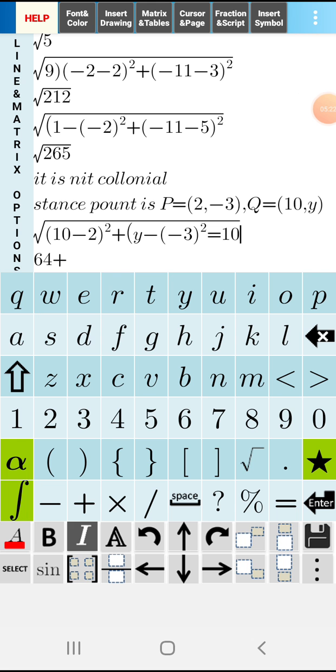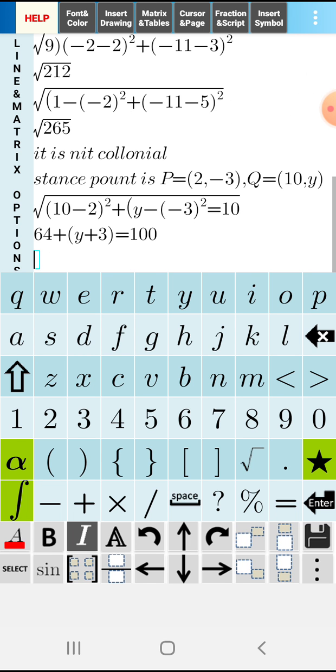because they have given the distance as 10 here. So we get 100 on the right side. When we subtract 64 from 100, we get (y plus 3) whole square is equal to 36.